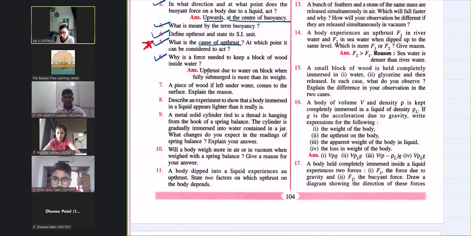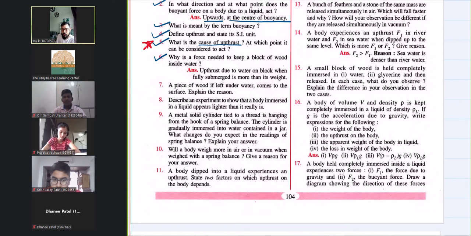If you want to submerge this piece of wood inside water, then a force has to be exerted in the downward direction on the wooden block to keep it submerged against the upthrust. ऐसे करके तुम आंसर बना सकते हो. यहाँ पे जो लिखा है वो भी करेक्ट है, but it is very to the point. They have not framed it properly.